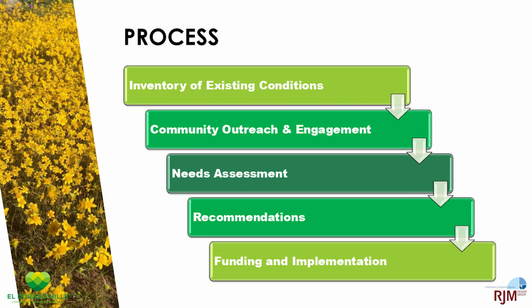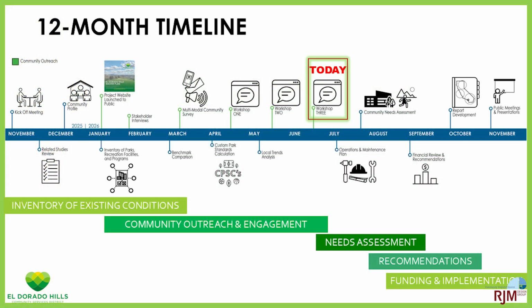The process to develop this master plan includes an inventory of all of the existing conditions, reaching out to the community, hearing what they want and need, balancing those two to develop a needs assessment, ultimately developing the recommendations, and then funding and implementation strategies. This project will take about 1 year to complete.